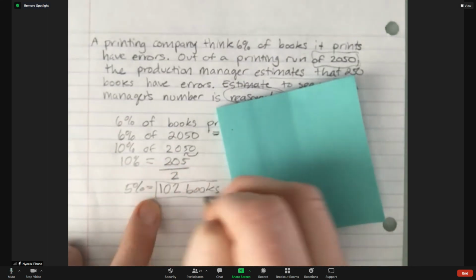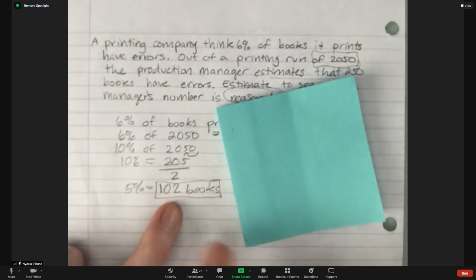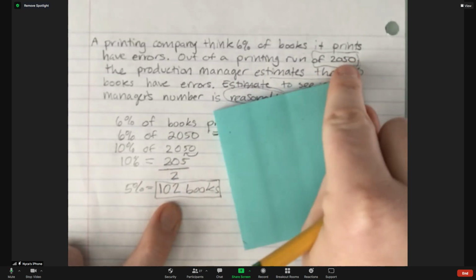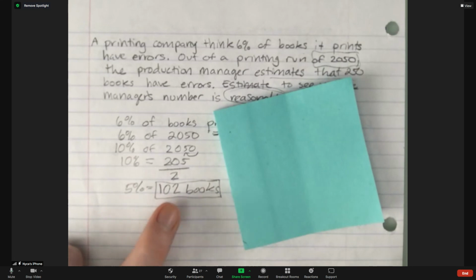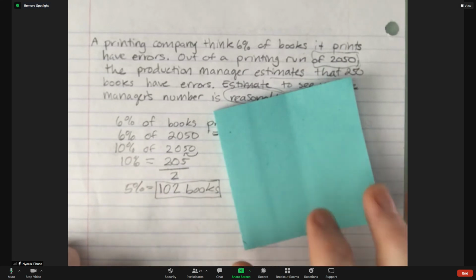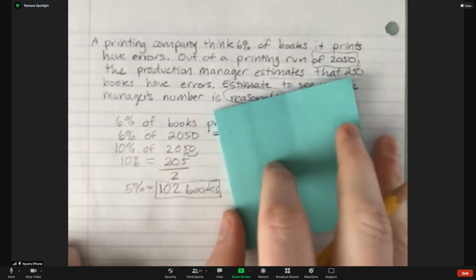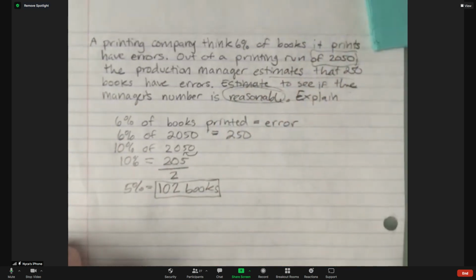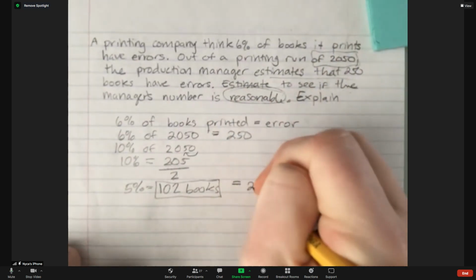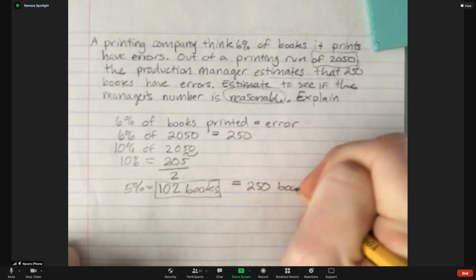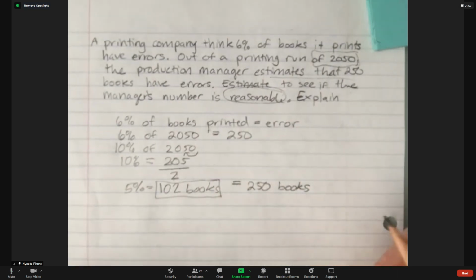Okay, so I got, out of 2,050 books, 102 books would have errors if you go by the 6% rule. Is that what they got? They said 250 books. Would this be reasonable?